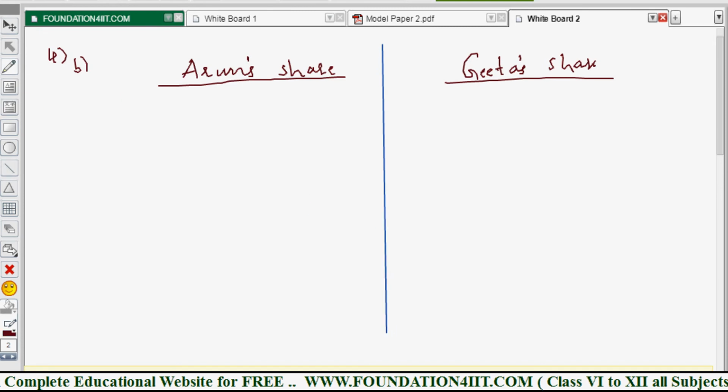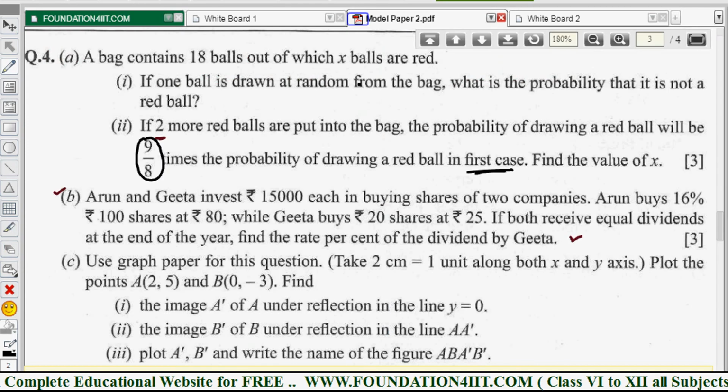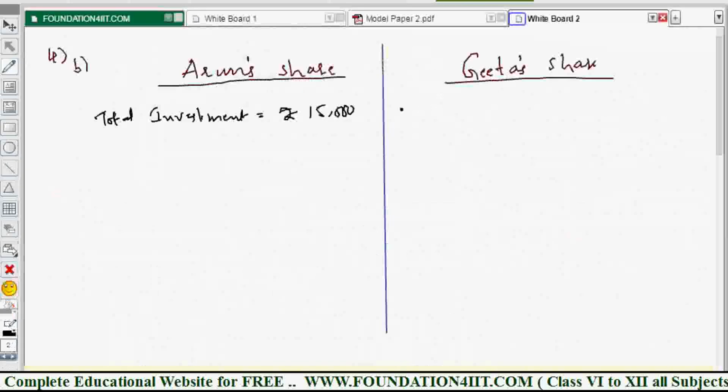Then if you observe the given values, here the total investment, both invested equally. So the total investment is equal to rupees 15,000, right? As per the question, each invests 15,000 separately. Then the total investment in this case is also the same, rupees 15,000.